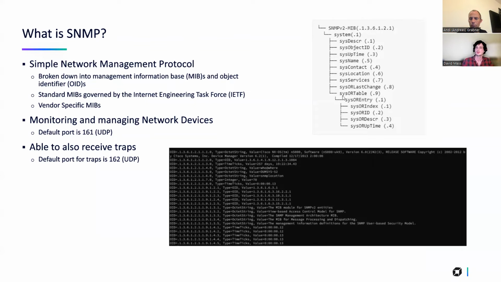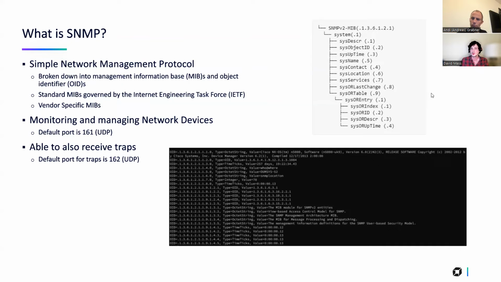So tables within SNMP, you can think about them the same as SQL database tables, where you have an index, and then a number of different columns, or different metrics associated with that line or row, or in this case, index.